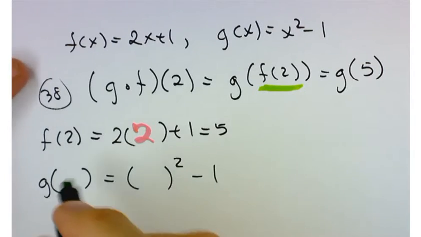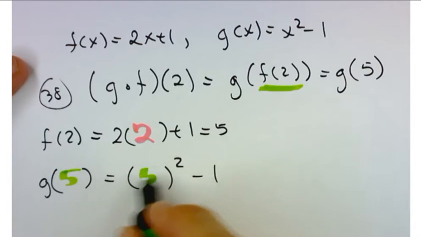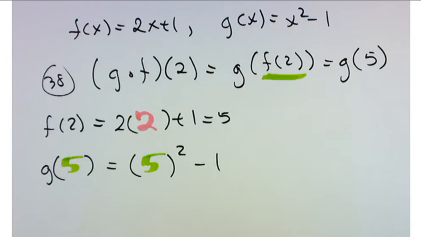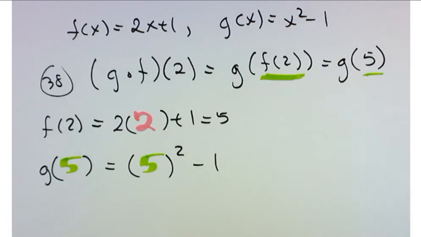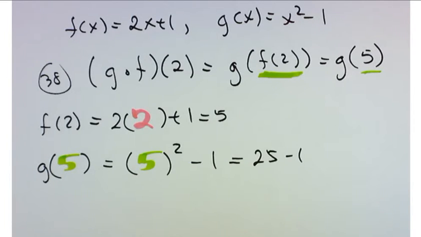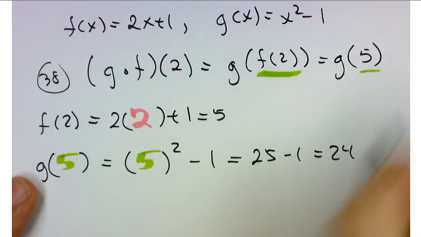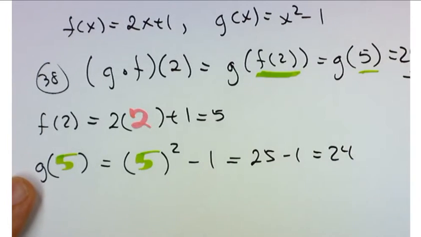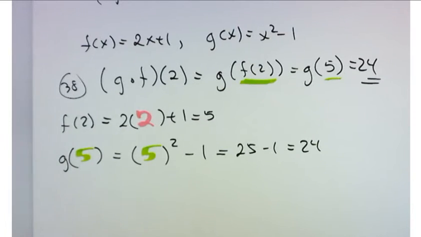So I'm going to take that 5 there, square it and subtract 1. 25 minus 1 is 24. Yay.